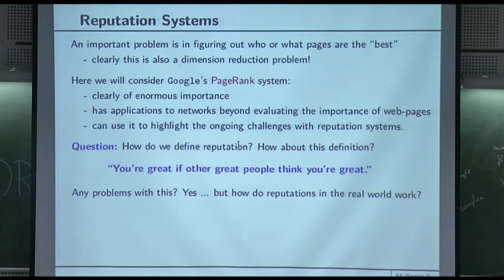But the problem with this definition is that the word great was never defined. We are somehow saying that you're great if other great people think you are great, but it's a very self-referential story. We don't exactly know. If I tell you this definition, it's not very practical.